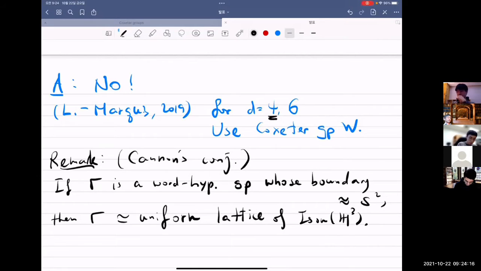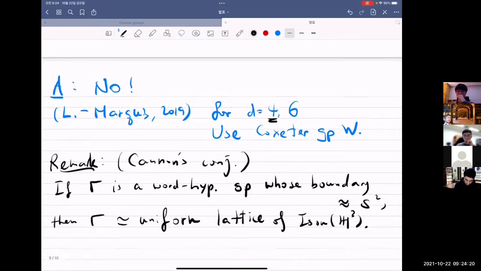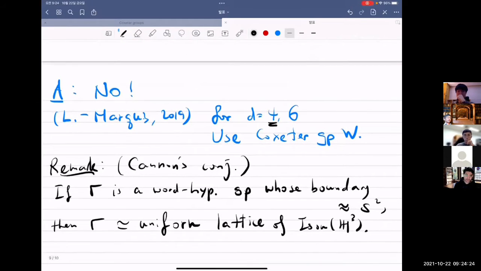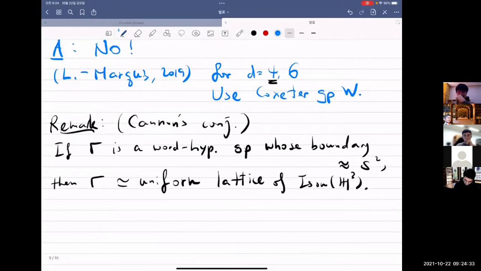So if Cannon's conjecture is true, then of course the counterexample for this question should be H^D starting from D equals 4, right? So that's the remark. And particularly for Coxeter groups, this conjecture is known to be true.